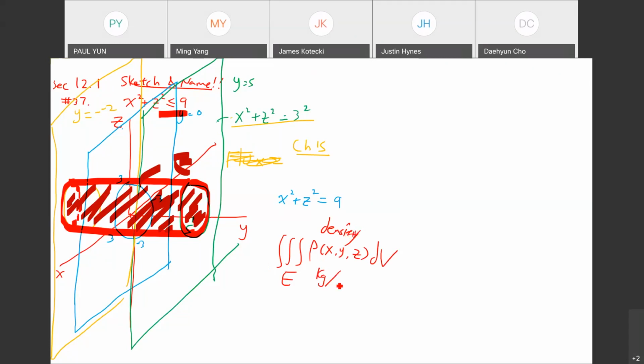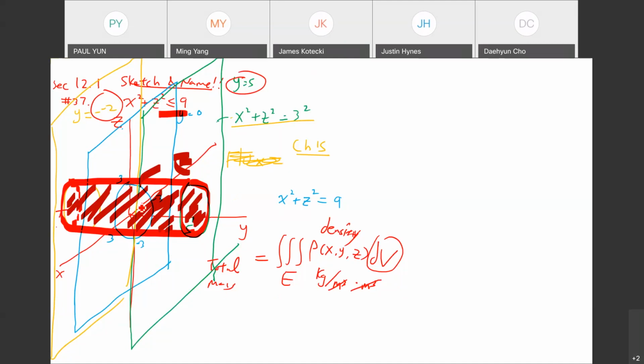This is density, how dense, and what volume? Volume is what? Cubic meter, right? Cancel this out. This becomes the total mass of this guy. Maybe if E is from, Y is from negative 2 to 5, something like that, maybe up to 3, up to 5. Yeah, so that's what we have.